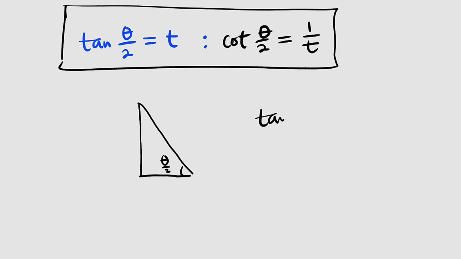So given that tangent of theta divided by 2 is equal to t, which we can write as t divided by 1, this implies that this is the opposite and this is the adjacent. So the opposite is t and the adjacent is 1. So what will be the hypotenuse? The hypotenuse will be the square root of t squared plus 1 squared, which is the same thing as 1.